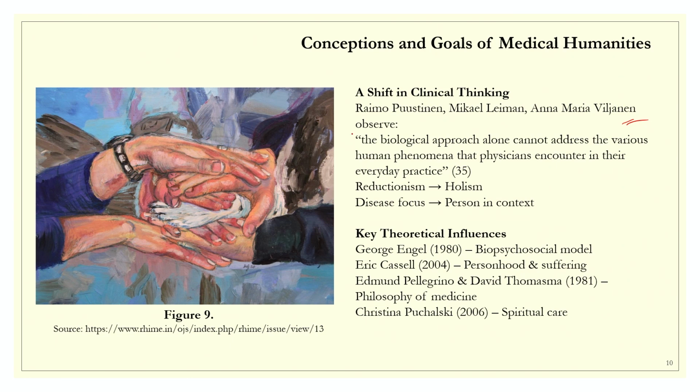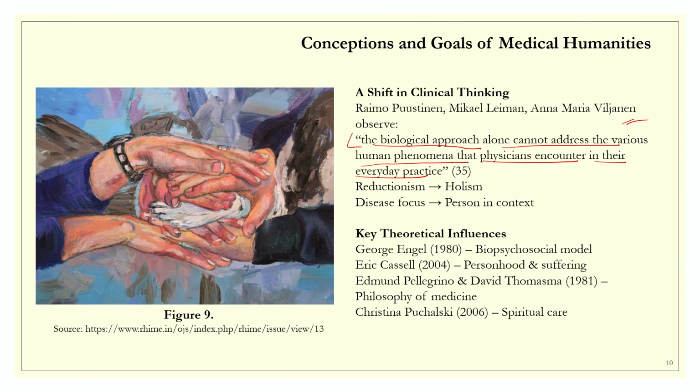What do they observe? They observe that the biological approach alone cannot address the various human phenomena that physicians encounter in everyday practice. Now, this marks a movement away from what you can term medical reductionism towards medical holism.